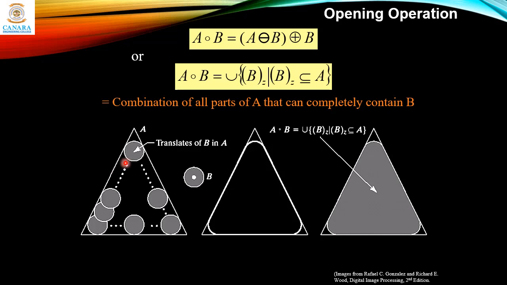This geometric fitting property of the opening operation leads to a set theoretic formulation which states that opening of A by B is obtained by taking the union of all translates of B that fit into A.